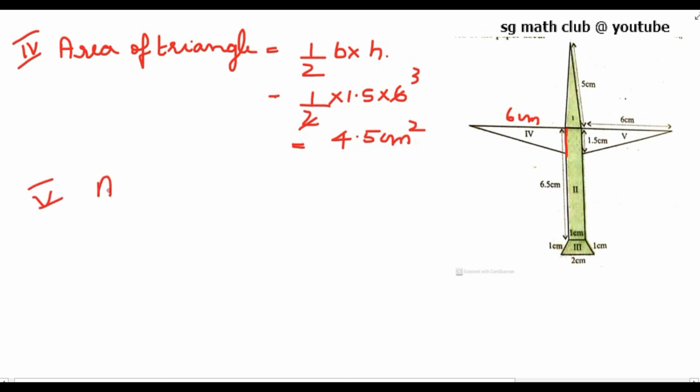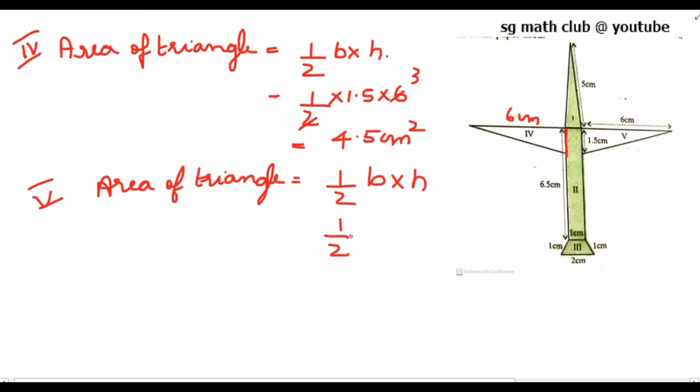Similarly, the fifth portion is also a triangle. The same formula applies, half base into height. Half into 1.5 into 6 is equal to 4.5 centimeter square. Now we will add all the areas.